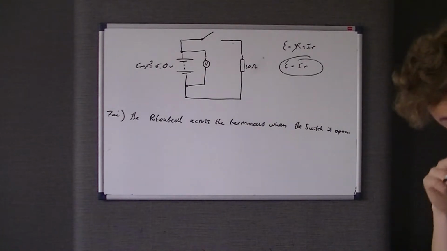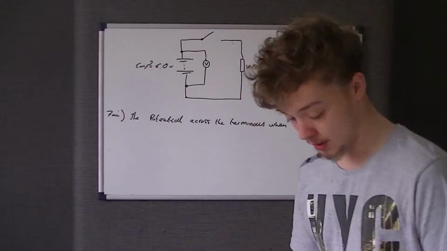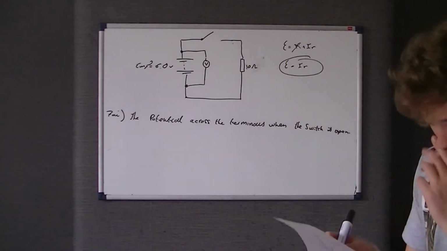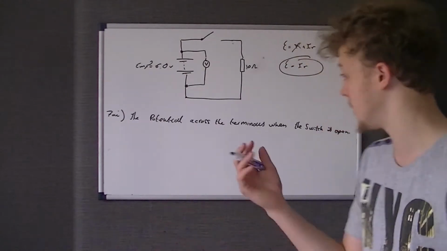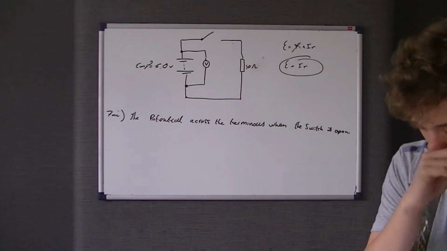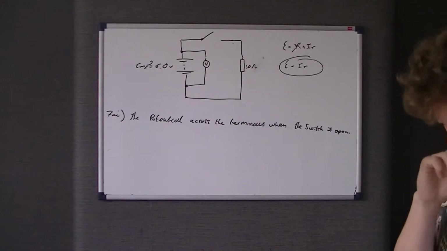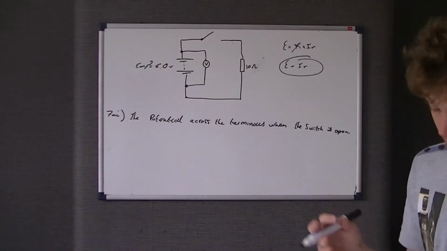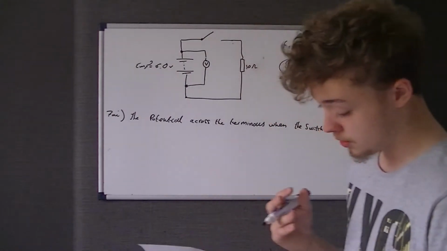7a part 2 says when the switch is open, the voltmeter reads 6 volts, as expected. When the switch is closed, it reads only 5.8 volts, so it reduces by 0.2. Explain why this is.